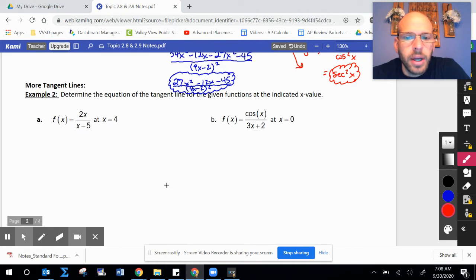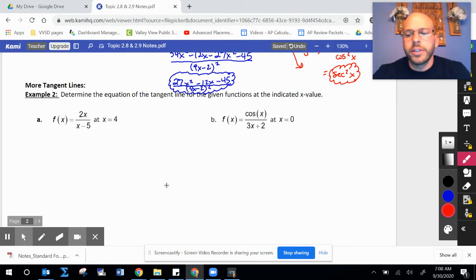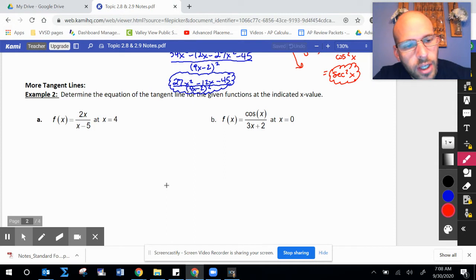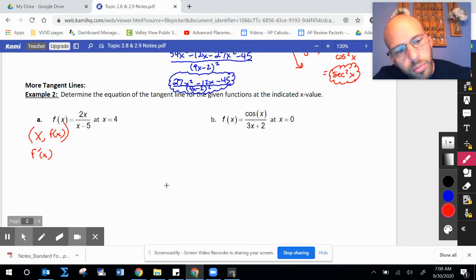Okay, talking about a tangent line, right? Determine the equation of the tangent line at the indicated point. So just a review of tangent lines. We need a point. We need to know x comma f of x, and we need to know f prime of x, right? So we need a point and a slope.